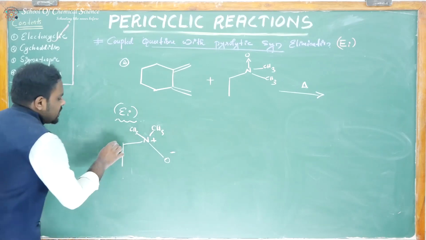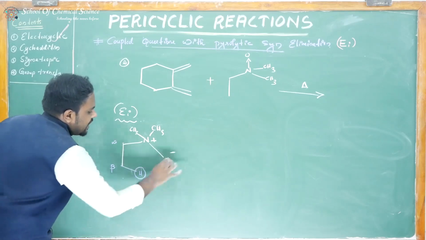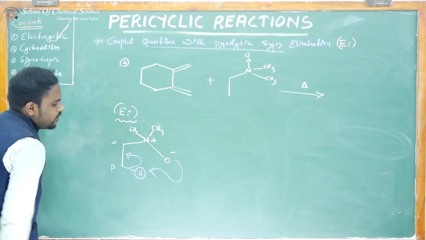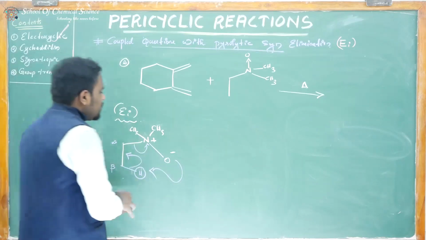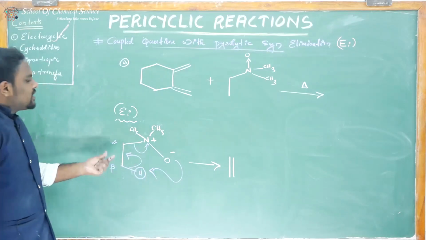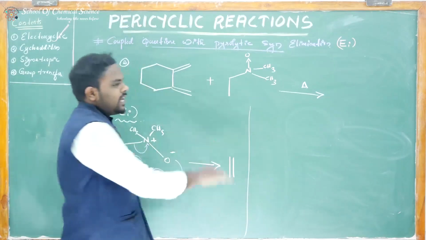Consider the beta hydrogen. This is alpha carbon, beta carbon, and this is the beta hydrogen. O minus will interact with this beta hydrogen. This bond is shifted towards this side, and this N plus group is eliminated, so that you will get an alkene. In the first step, formation of dienophile.